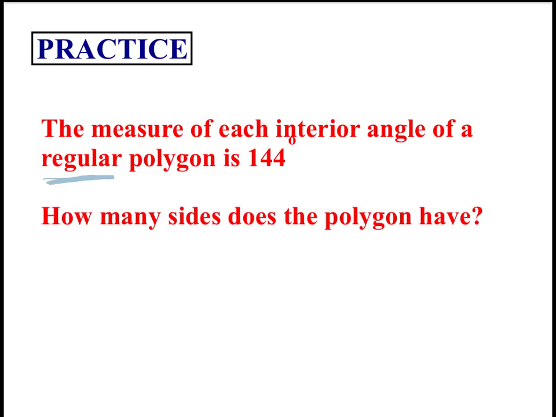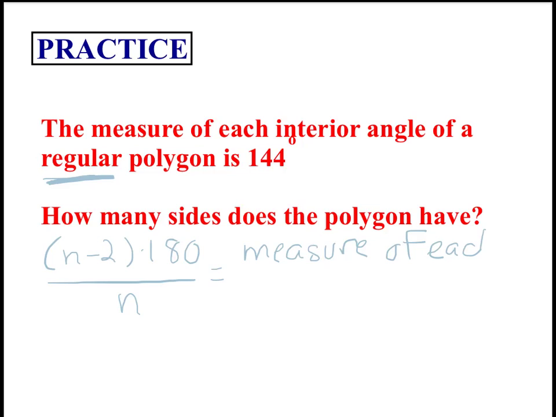So this is the second formula that we learned in this section, which is the corollary to Theorem 11.1, which says that n minus 2 times 180 divided by n equals the measure of each interior angle.